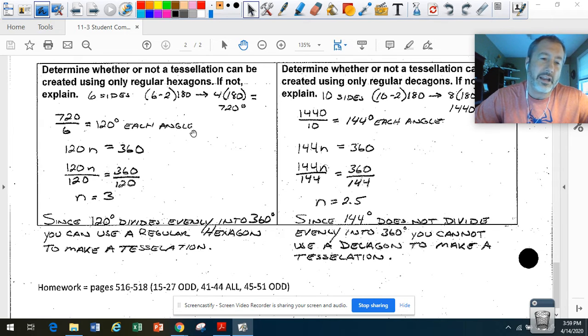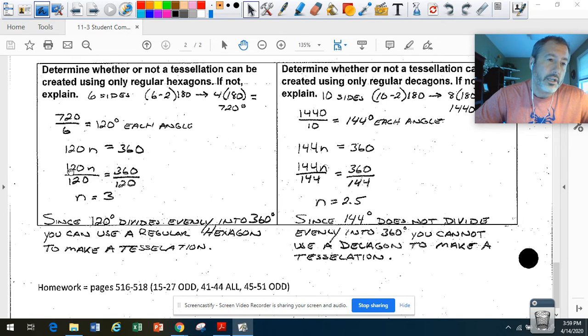Here's how we do that. We take our 120 degrees, which is the measure of one interior angle. We do 120n, because we have to see how many of these we can put together to equal 360 degrees. If it comes out as a whole number, then it makes a tessellation. If it does not come out to be a whole number, it is not a tessellation.